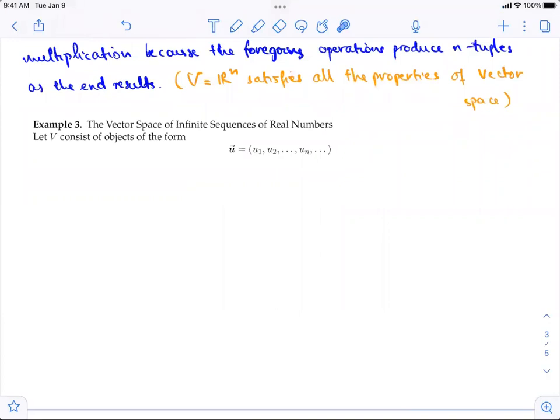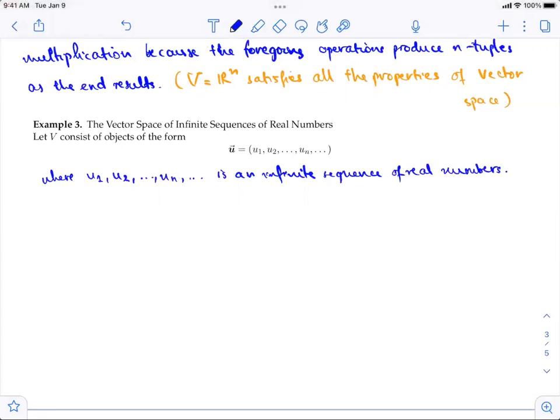Because we talk about infinite sequences of real numbers, we say where u1, u2, ..., un, so on and so forth, is an infinite sequence of real numbers.